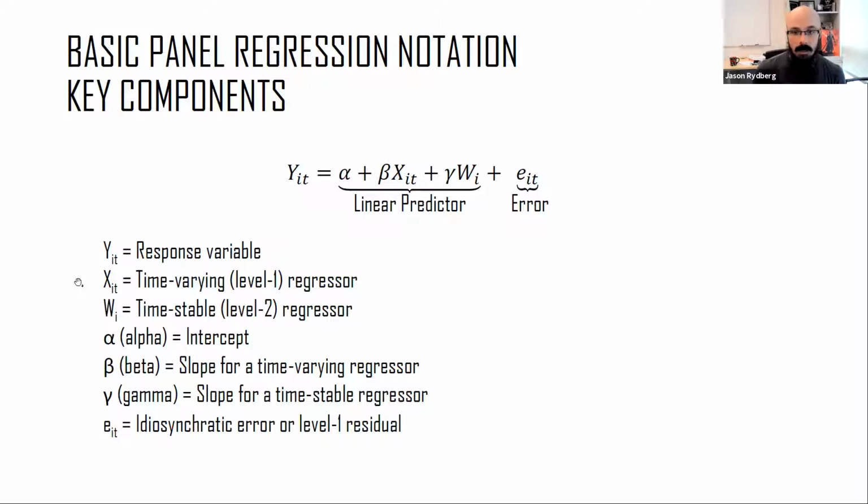So we'll always have an x for our independent variables that vary over time. W sub i for our time stable predictor variables. And so these would be measures of our units that do not vary over time. And by that, I also mean that conceptually and theoretically, they do not vary over time.